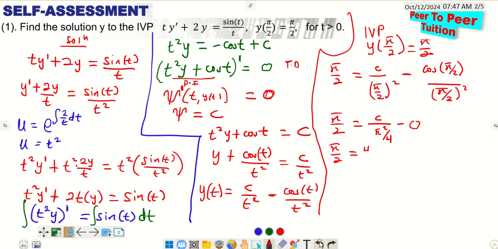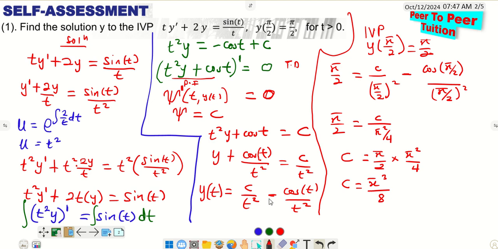Since we are making c the subject, we cross multiply, and c equals pi on 2 times pi squared on 4. So c equals pi cubed all over 2 times 4, which is 8. So that is my c.